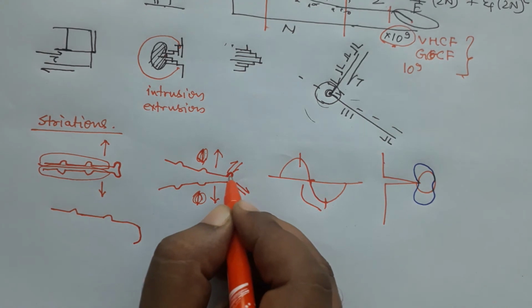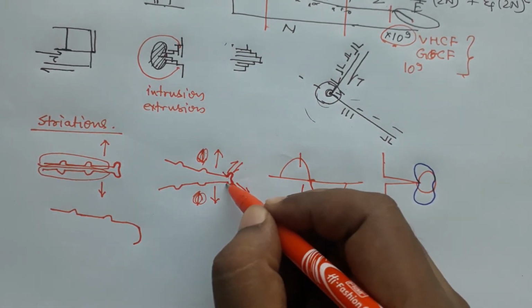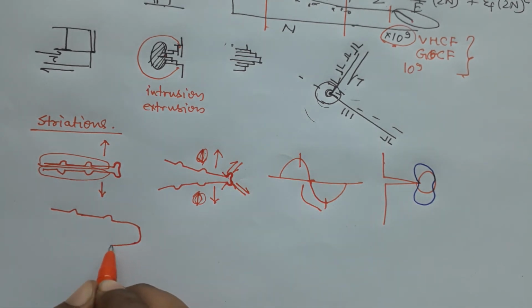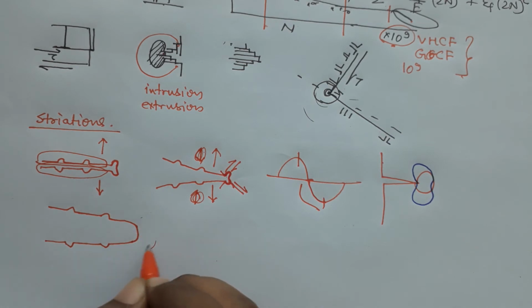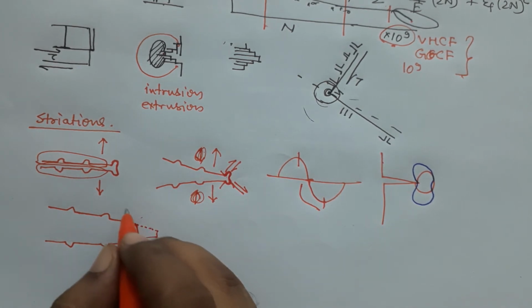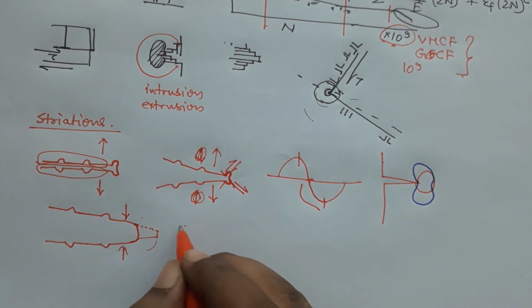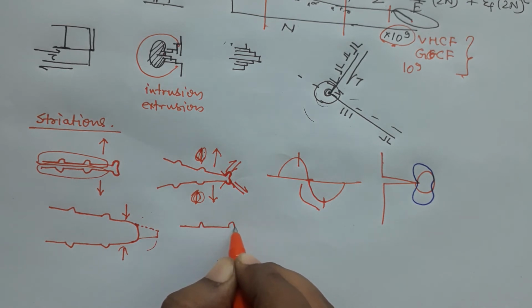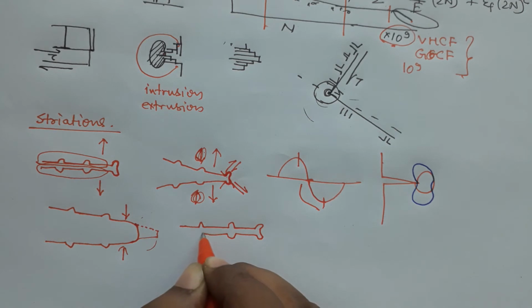This part which was like this, because you are applying tension, will just open up and look like this blunt crack. There will be large strain here, and the material can propagate by a certain amount or not, and then you apply compression in the reverse cycle. Then this blunt crack becomes sharp again, okay.